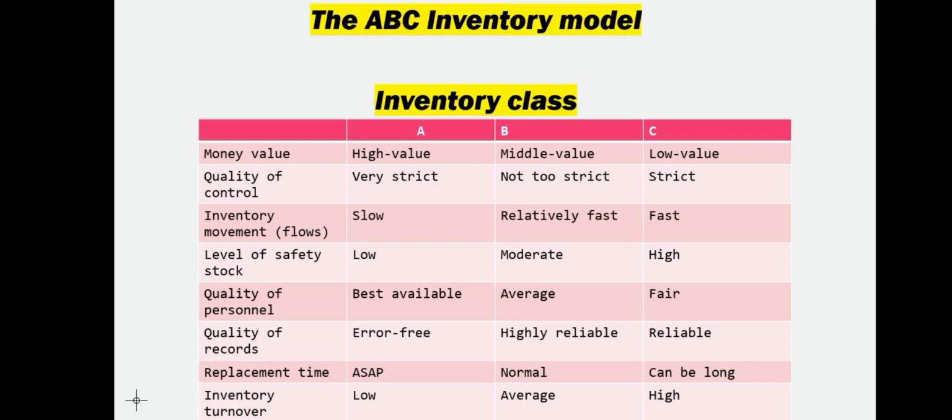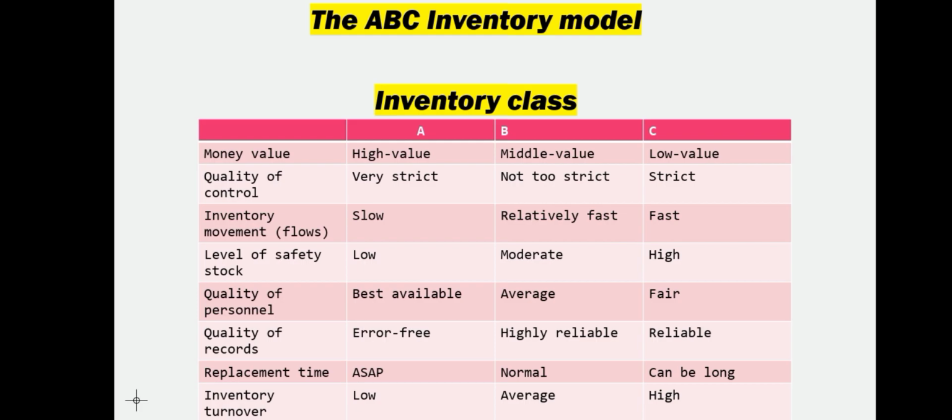Quality of control: A is very strict, B is not as strict, and C is the least strict. Inventory movement flow: A is slow, B is relatively fast, and C is fast. Level of safety stock: A is low, B is moderate, and C is high. Quality of personnel: best available, average, fair.